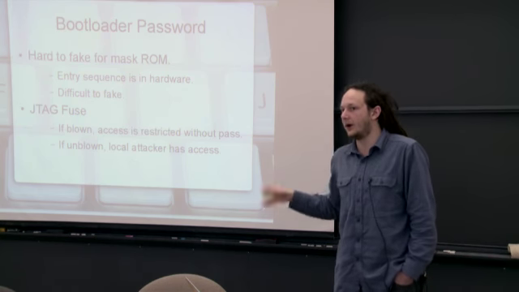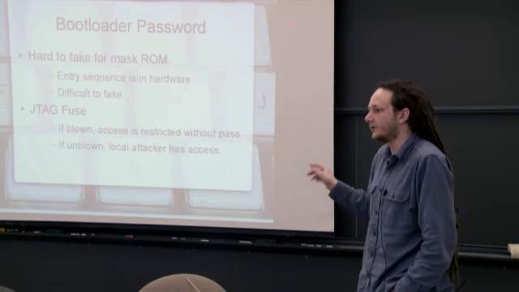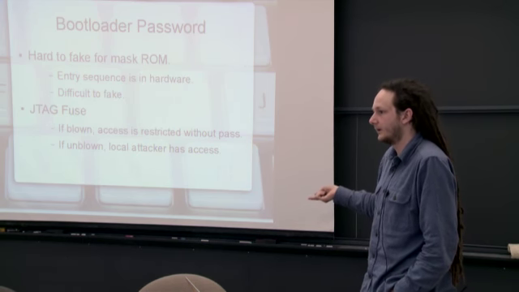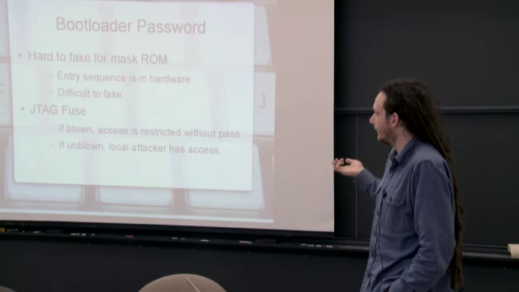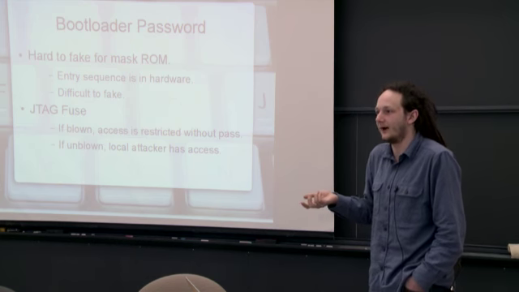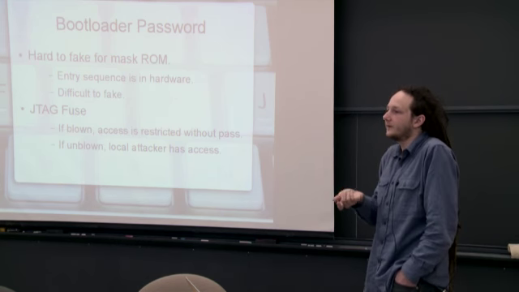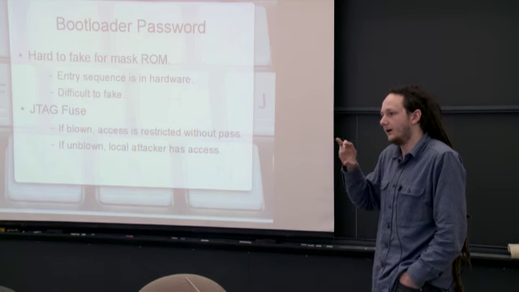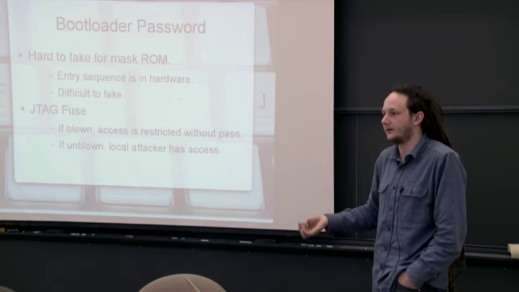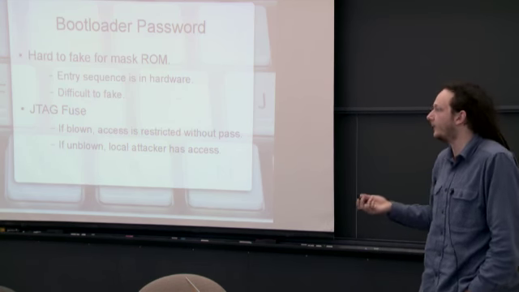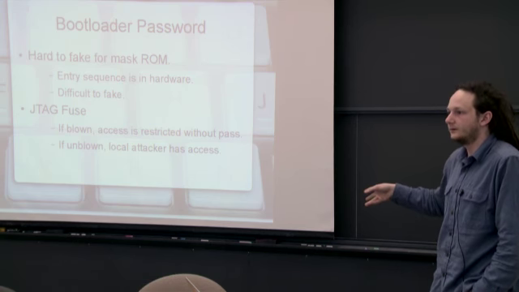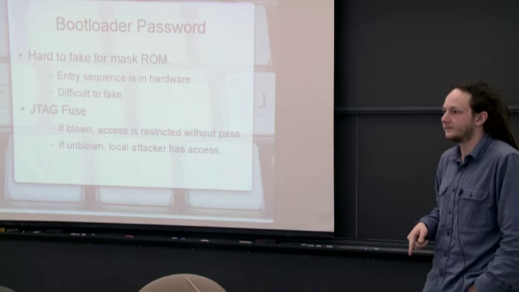And you cannot blow it internally. So there's nothing in software that you can do to blow this fuse, which is inconvenient if you're trying to hide yourself. It's also inconvenient if you're trying to secure a device in a firmware update, because if devices ship from the factory without the fuse blown, they can never be blown in the field.